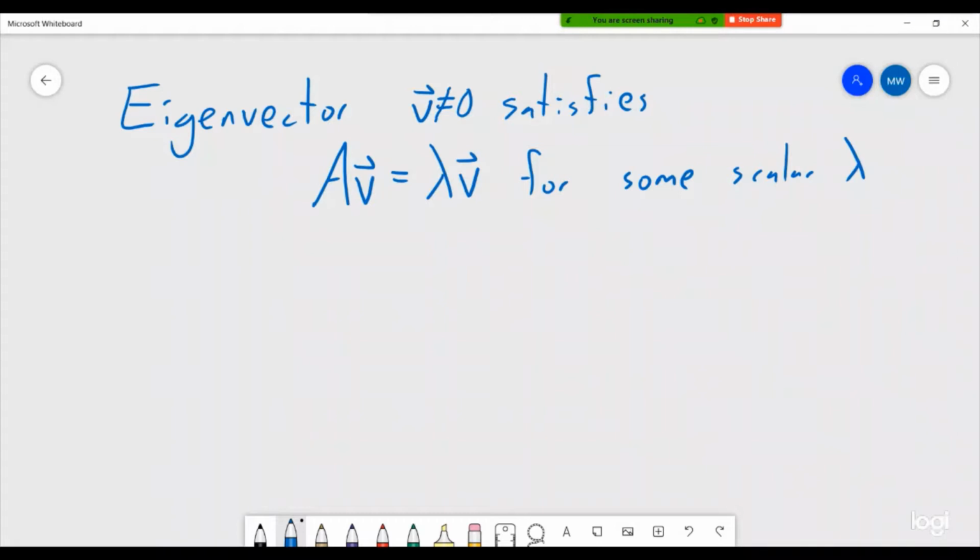This is the definition of an eigenvector, and this lambda is called the eigenvalue.